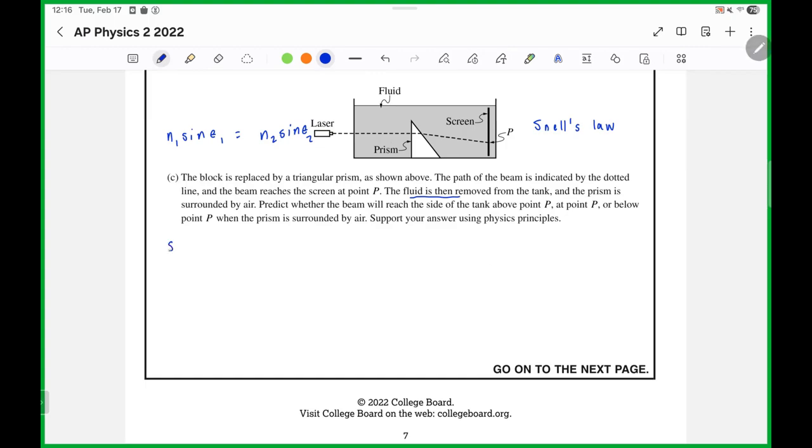In scenario 1, here we're dealing with n fluid versus n glass for our refraction. In scenario 2, we've removed the fluid, so we're dealing with n air and n glass as our two media.